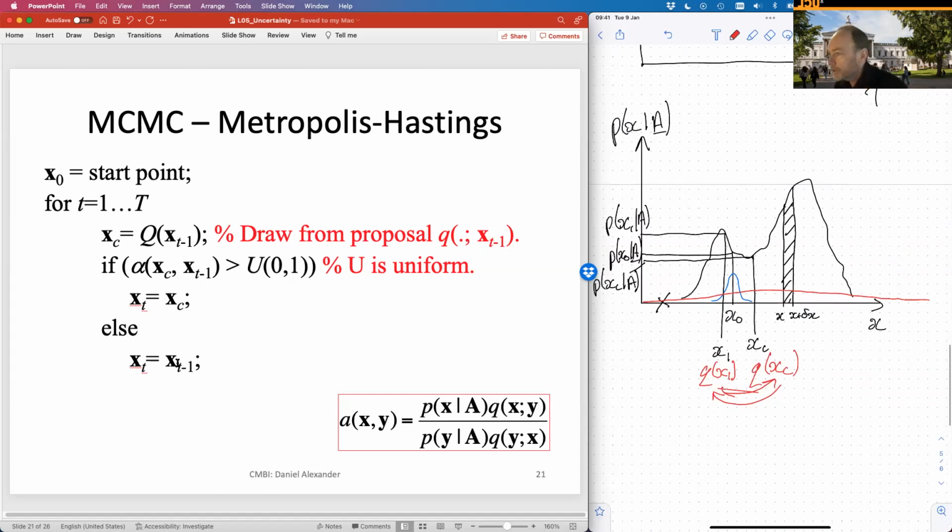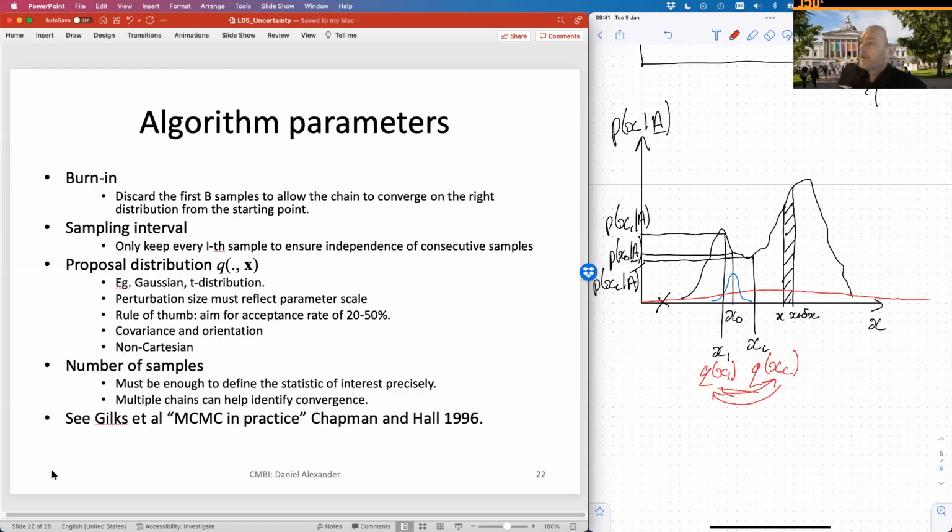Okay, let's jump to the next slide. As I say, beautifully simple algorithm, but the devil lies in the detail. There are quite a lot of things to think about when trying to get this algorithm to work effectively to produce a set of samples of the posterior distribution in a reasonable amount of time.